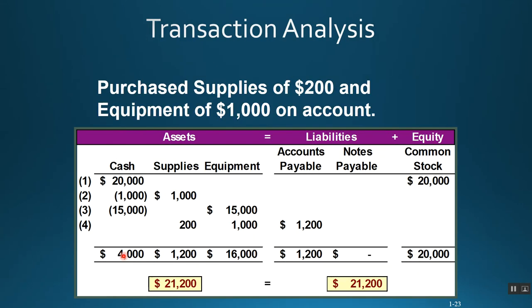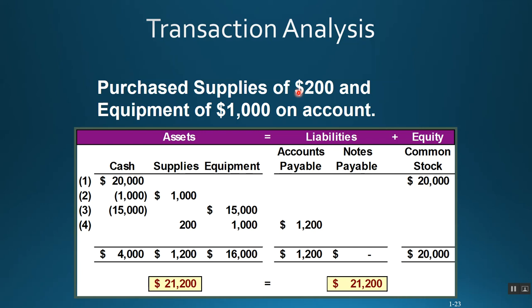All right. Purchase supplies of $200 and equipment of $1,000 on account. So somebody said, "Hey, we can't use the rest of that $4,000 in making all these purchases. We need to buy this on account. We need some time." So notice what they did. When you're talking about the purchase of supplies, the two accounts impacted there because it was purchased on account, not with cash. Supplies increases.